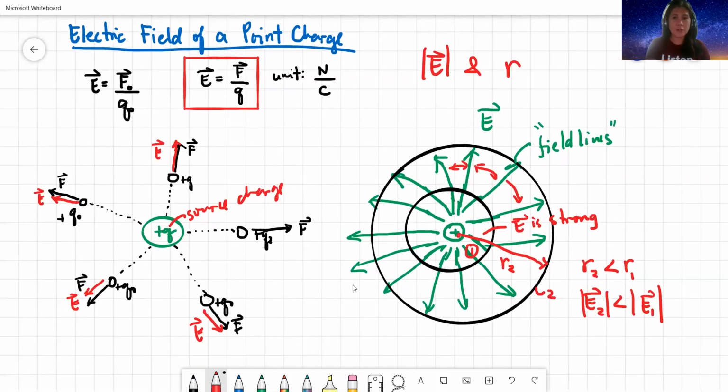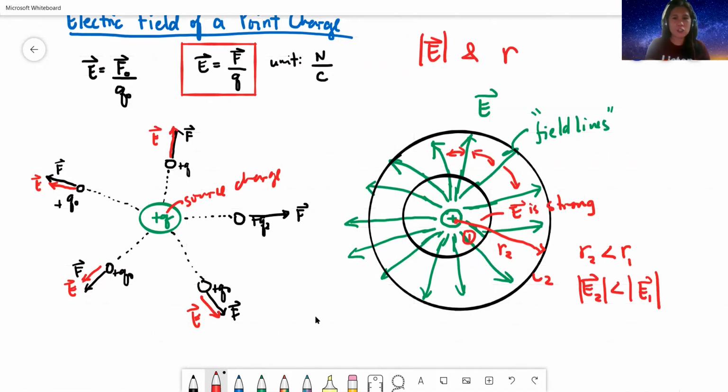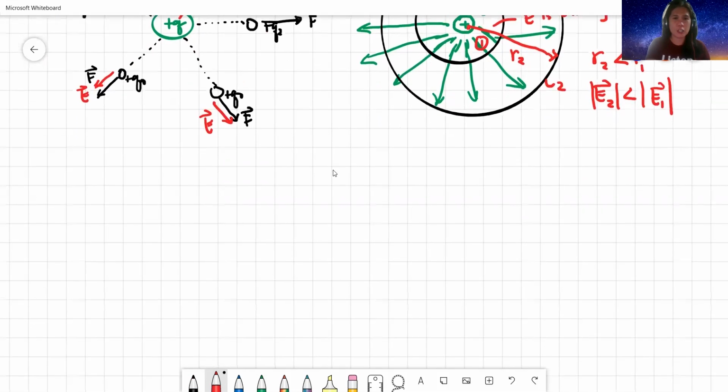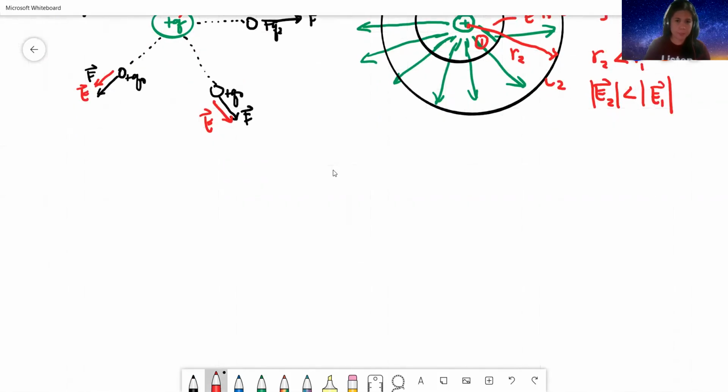But before that, let's first show the direction of the electric field of a negative charge. I'll use a blue color. This is negative Q. I will use a positive test charge in different positions to test whether there is an interaction and what the direction of the force is.